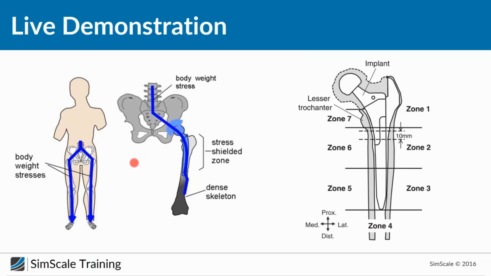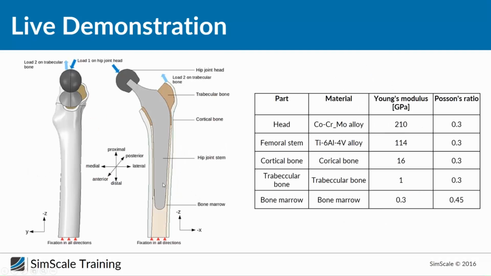And if there are no questions related to the hip joint prosthesis, let's now take a look at what we will do. We will simulate such a hip joint prosthesis, which is made like this. You can see the different components.